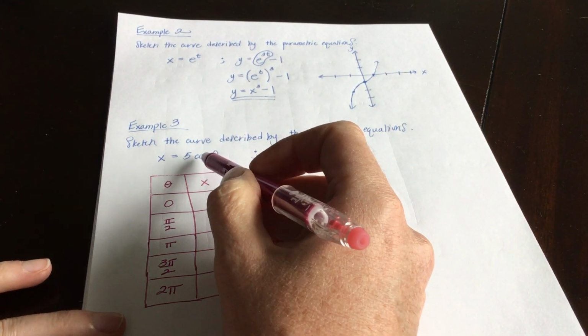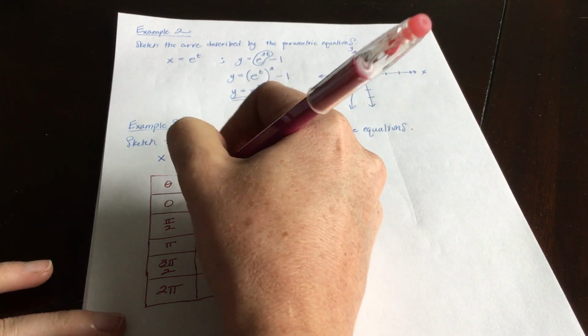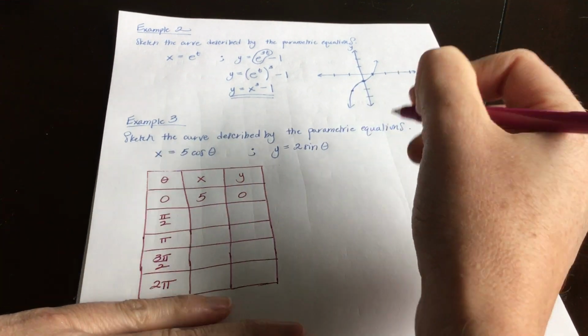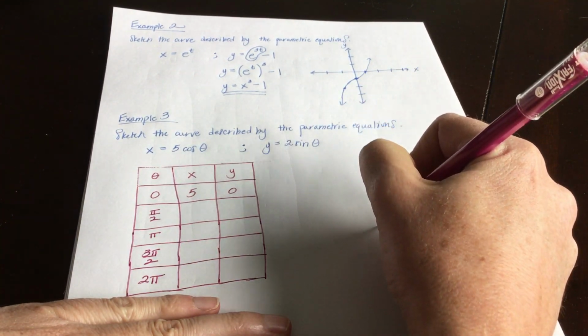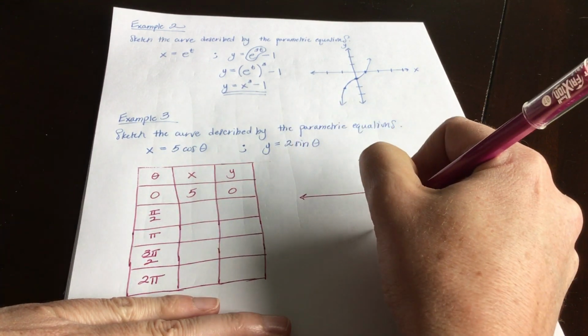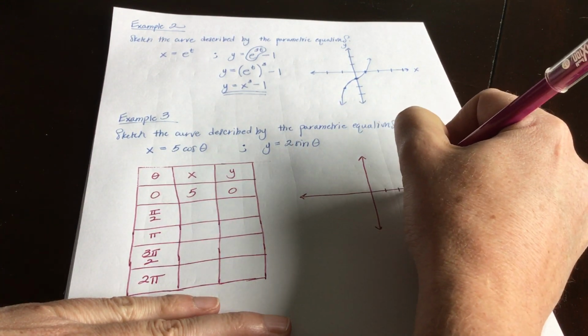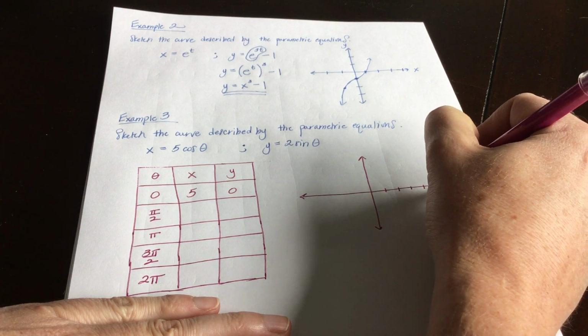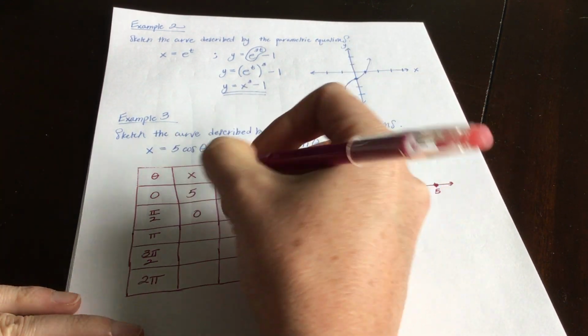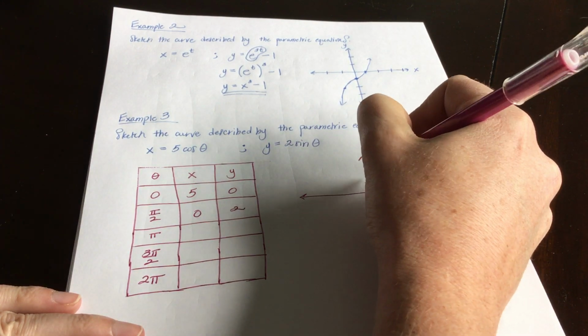Anyway, if you plug 0 in, you'd get, for x, 5, and if you plug 0 in for theta over here, you'd get 0. Putting pi over 2 in would give you 0 here, and it would give you 2 here.